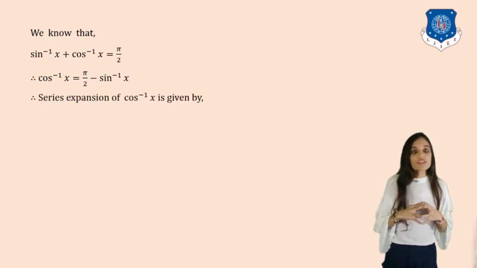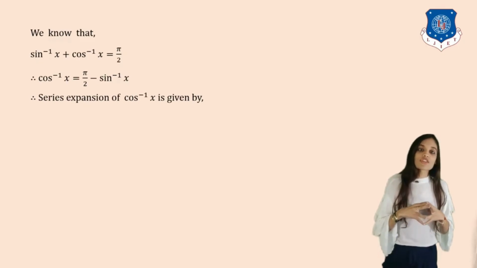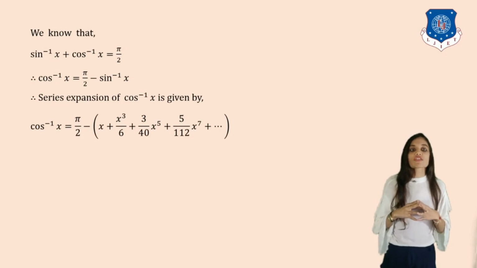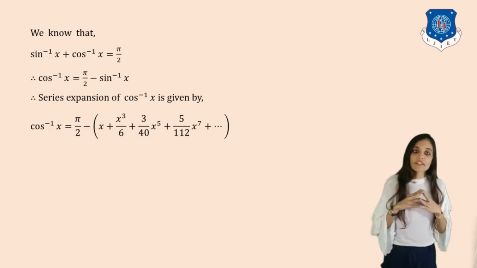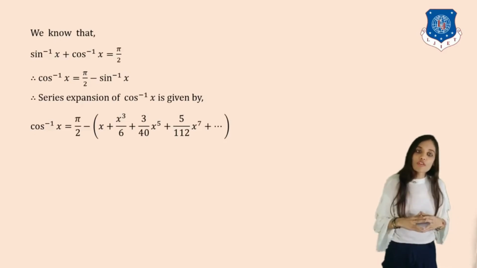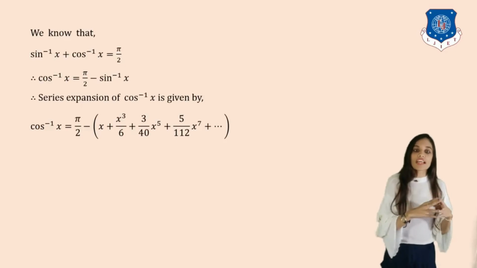Now we will replace it with the series expansion of sin inverse of x. So finally the series expansion of cos inverse of x is equal to pi by 2 minus x plus x cube by 6 plus 3 upon 40 x raised to 5 plus and so on.